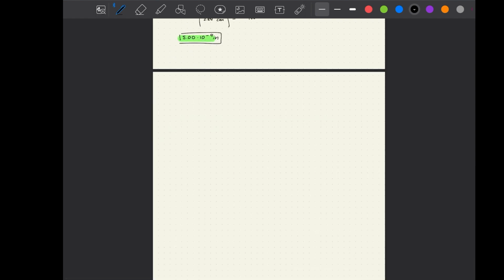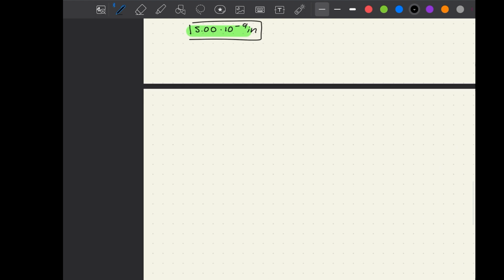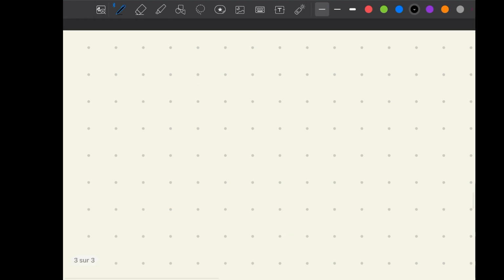Now on to the next problem. This problem is a bit more complex because we will have to be converting area, one unit of measurement of area, into another unit of area. So for this, we have 195.7 inches squared, and we want to convert this into meters squared.